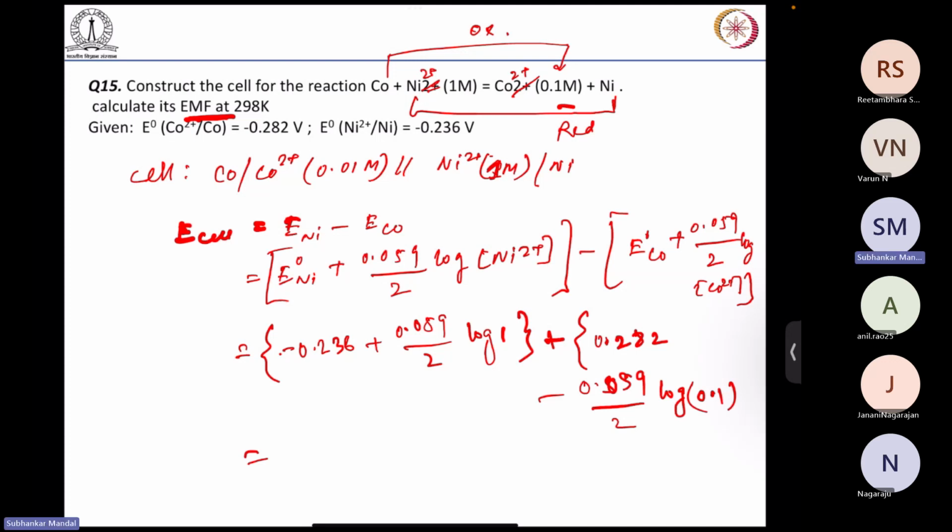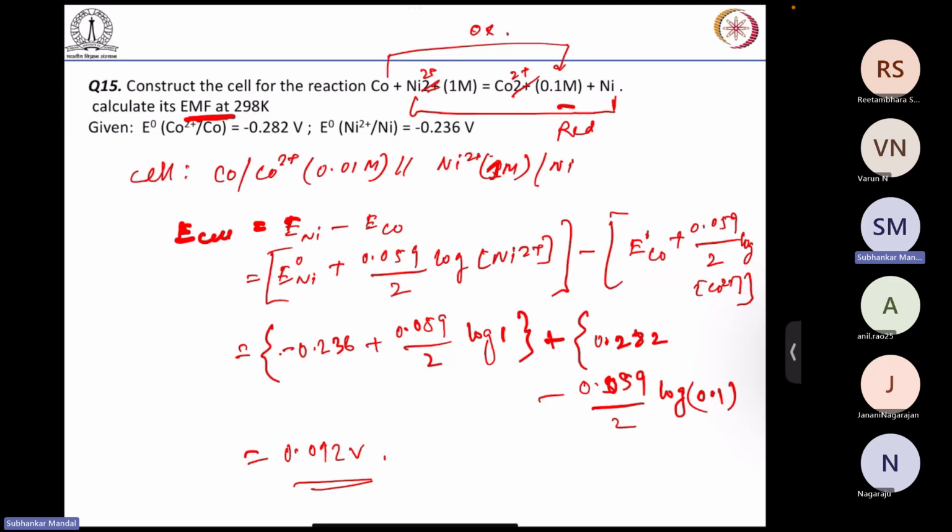So now we can calculate. It comes to 0.092 volt.